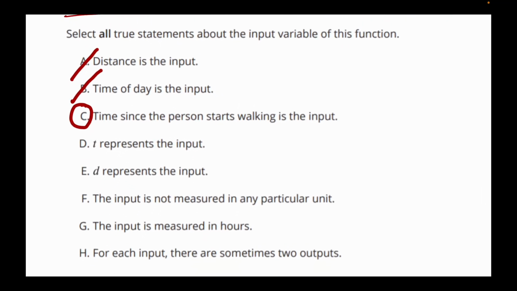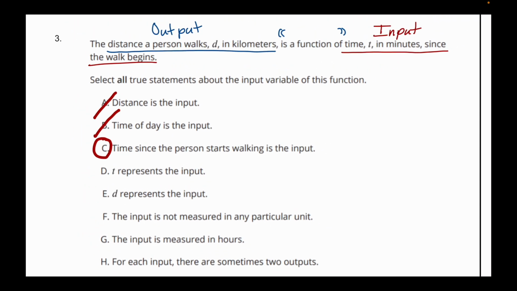Does T represent the input? Oh, yes, T in minutes since the walk begins. So D, I would agree with also. Choice E, D represents the input. D does not represent the input. That represents the output. Option F, the input is not measured in any particular unit.